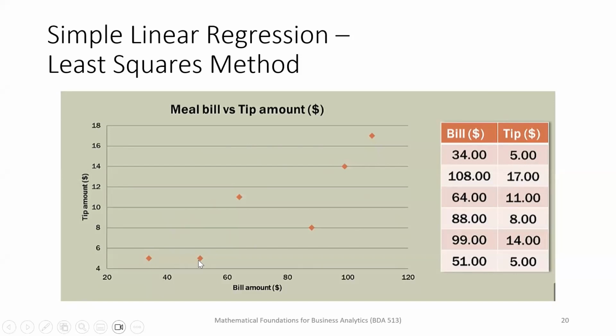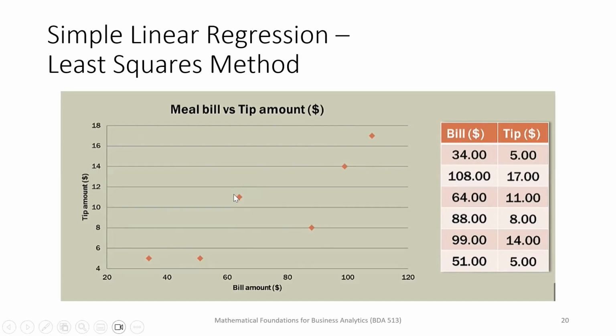The second data point relates to the tip amount that was also 5. Okay. And then that was 51. Okay. All right. And then another tip amount of, let's say the third data point, and the tip amount was, is it 11?